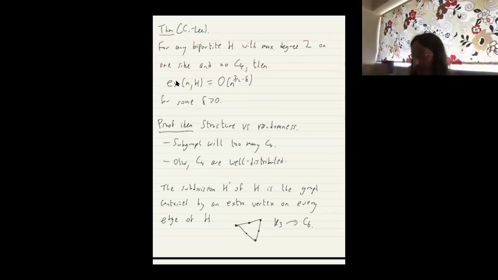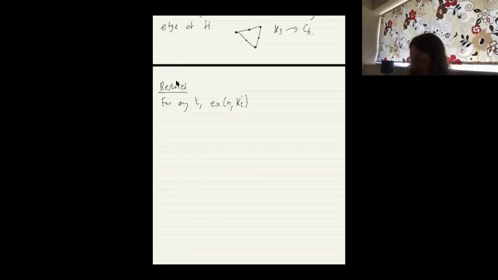They're exactly the same thing. So for any t, the extremal number is big O of n^(3/2 - c), where the constant we got wasn't particularly good. It's 1 over 6 to the power of t.